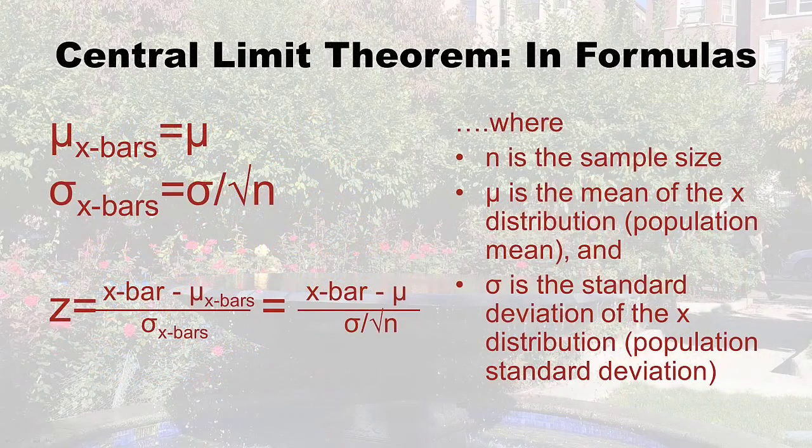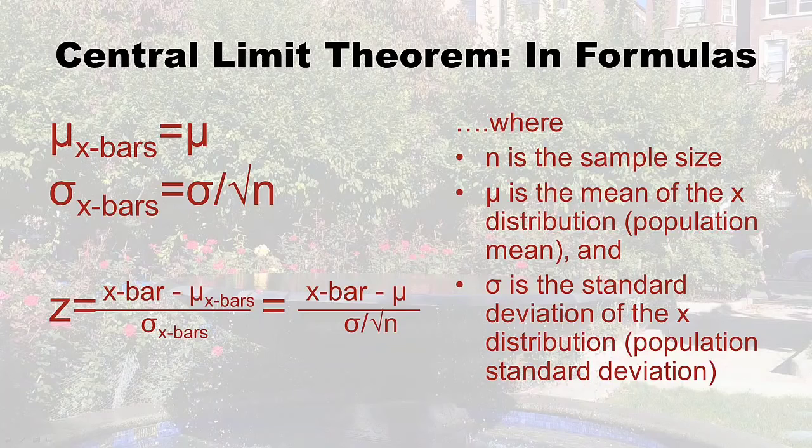And so here's another way, some people like to look at it from a formula standpoint. So you'll see on the right side of the slide, in these little formulas, the n means the sample size. And remember, I picked 5. You could pick a different one, right? And mu is the mean of the X distribution, meaning the population mean, right? And then that population standard deviation symbol is the standard deviation of the X distribution, meaning the population standard deviation.